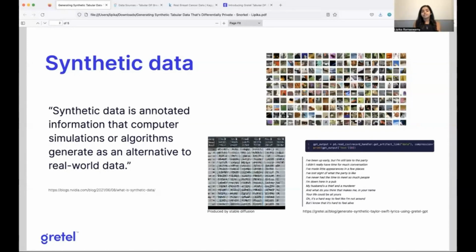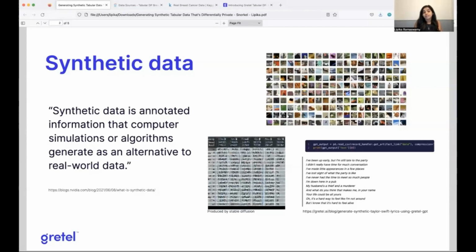And one way of generating that is to go out and find more people with that rare disease, but it may be infeasible to do that. So an alternative might be to pass the data that we already have about patients with this rare disease to an algorithm that can understand what the underlying distributions are in that data and try to generate more samples like that. So that's one example.